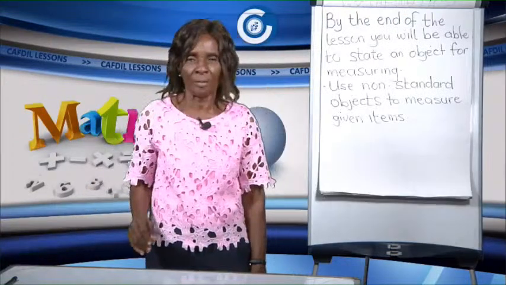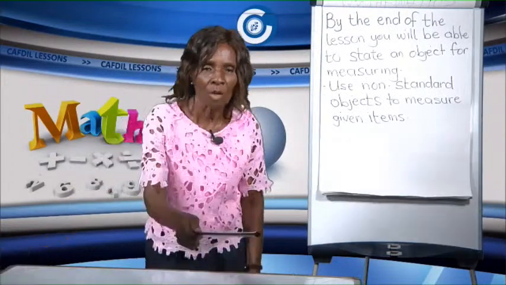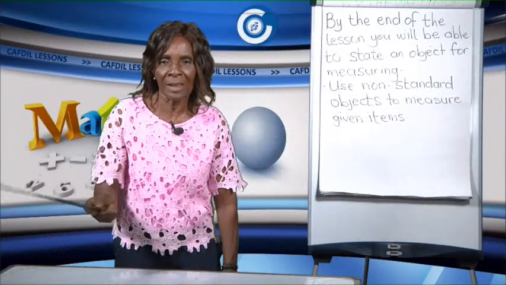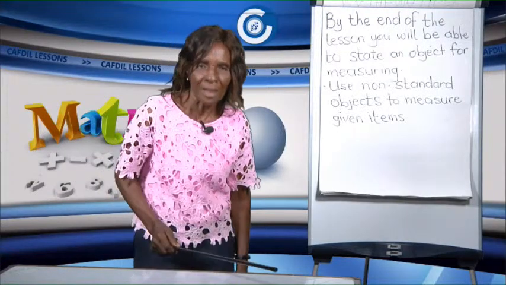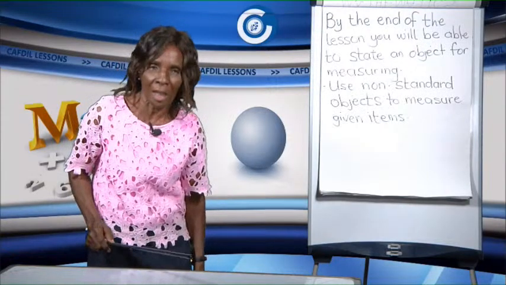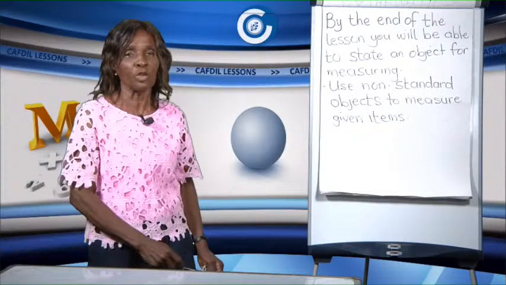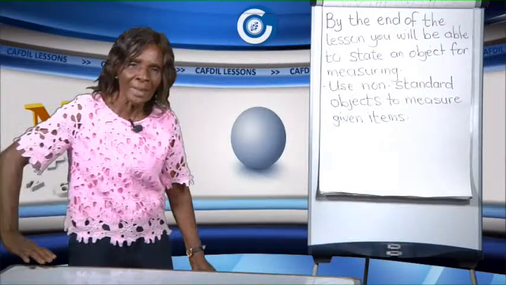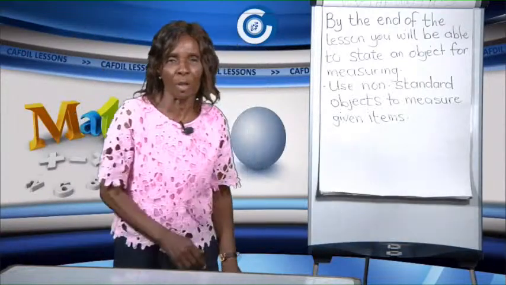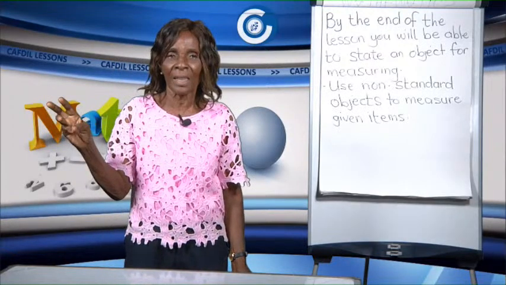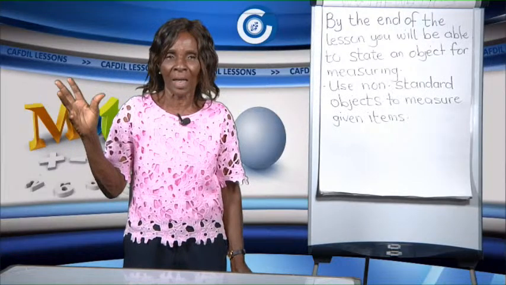Okay, now how many units did I get here? Yes, you counted 5. Okay, somebody says she doesn't agree with you. Yes, 6. How many counted 6? You all counted 6. Okay, so we can use our hand to measure the long side of the table, the little finger and then the thumb.